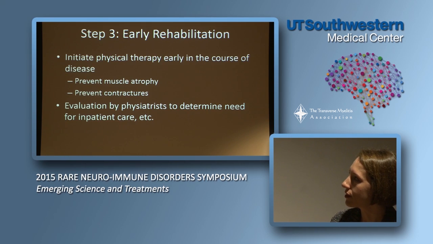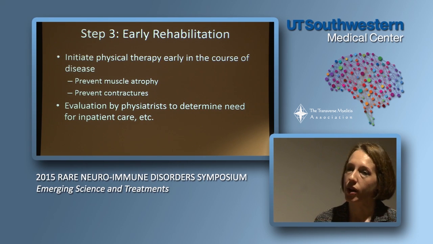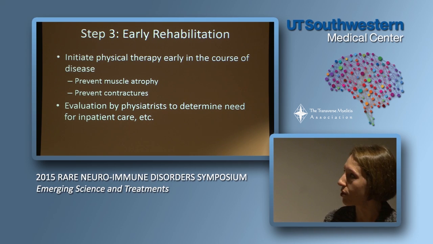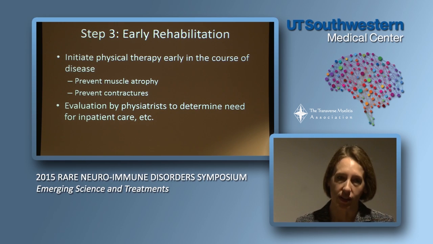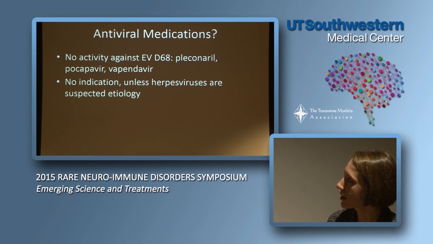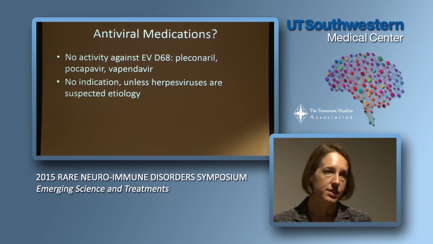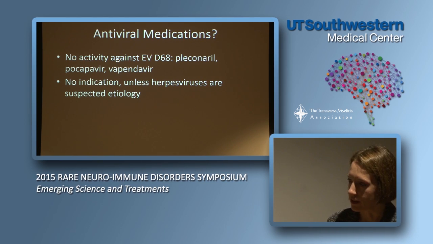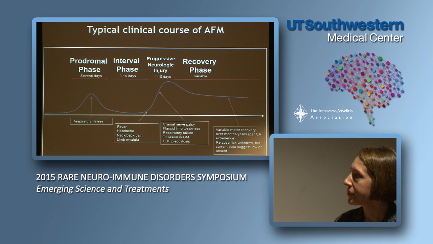That's not likely to make a difference. And then, perhaps most importantly to this group, they said, let's not wait to start therapies. Let's get them going soon, because that's potentially going to make the most difference. And now, a year later, I think they were correct. The group did discuss antiviral medicines, but it was determined in the course of this outbreak that they really were not effective against this virus.